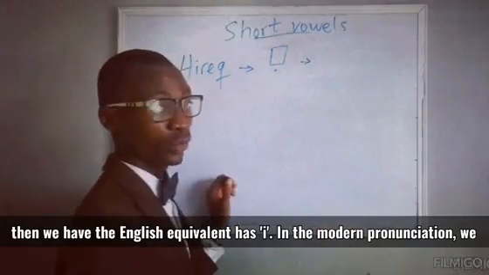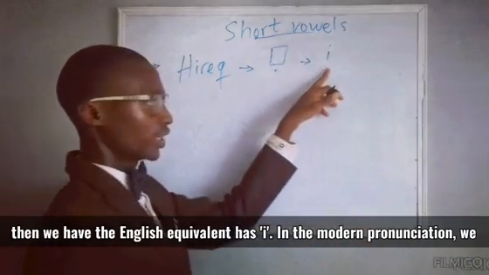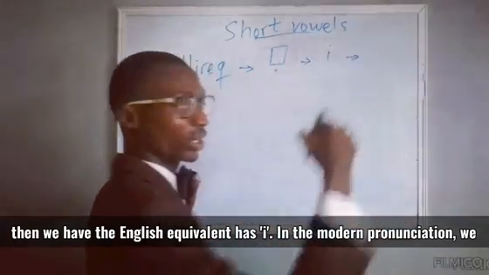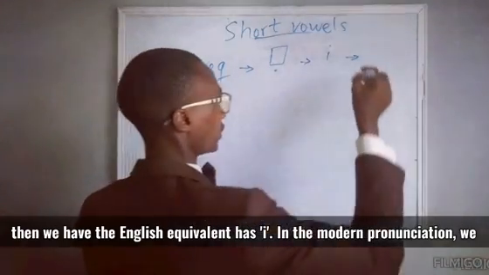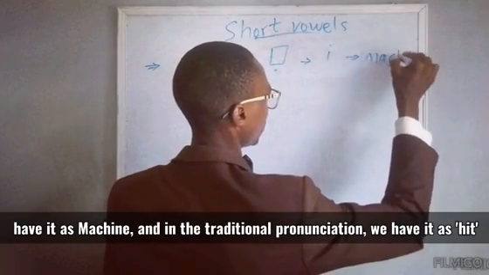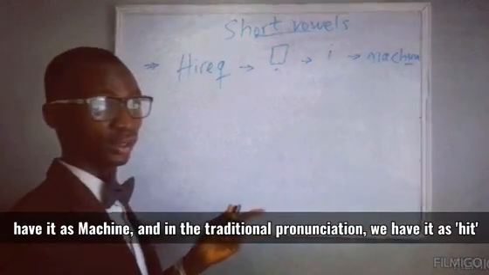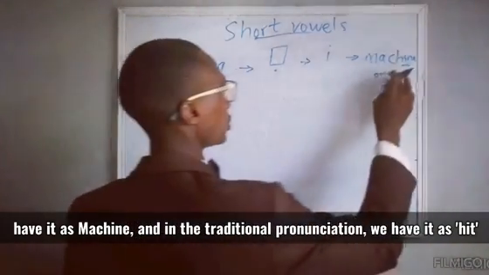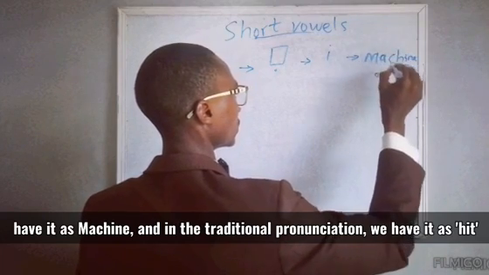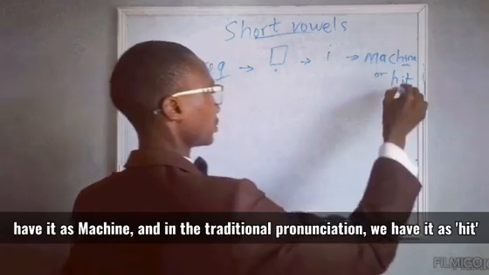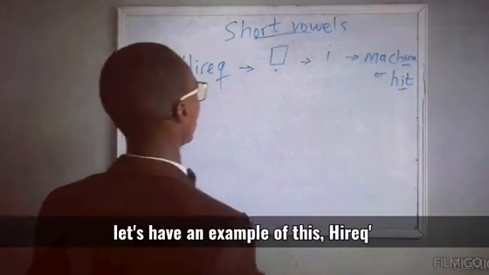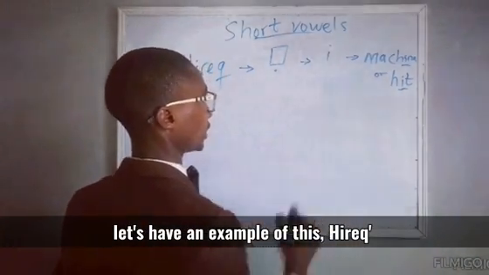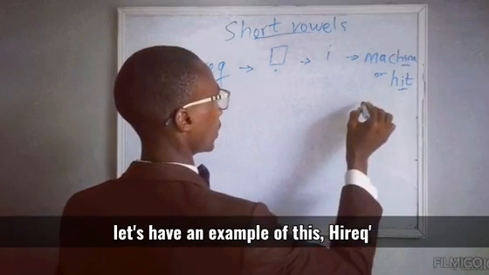Then we have the English equivalent as E, as in machine in the modern pronunciation, and in the traditional pronunciation, as in it. Now let's have an example of this.